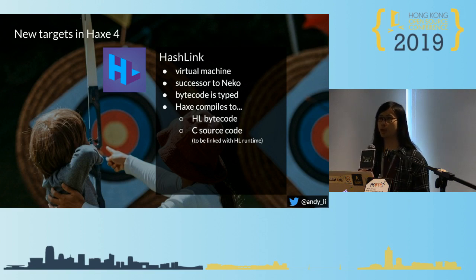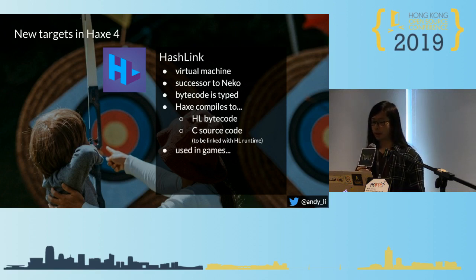For example, on iOS you cannot use a VM and you cannot have JIT. You have to use native code. The C source code target is designed specifically for that.